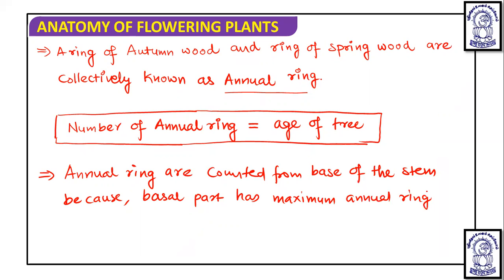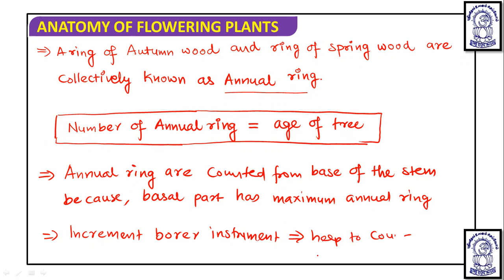Now, how is this counted? The increment borer instrument helps to count annual rings. How is it used? Suppose this is the plant.